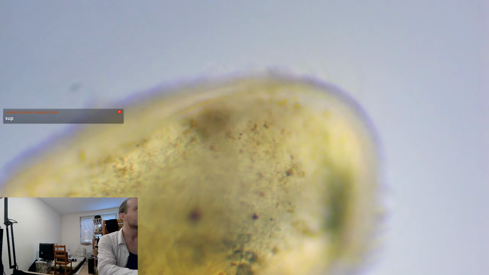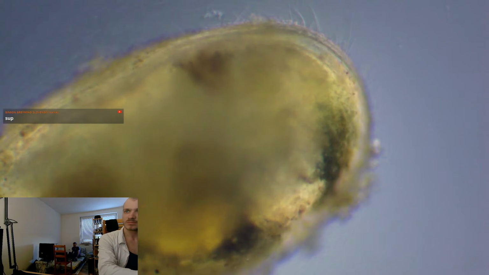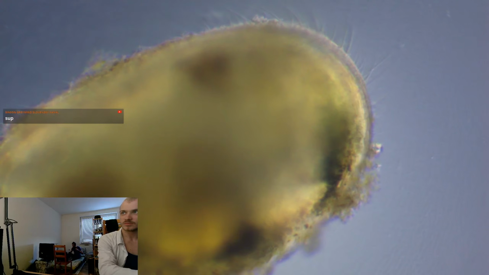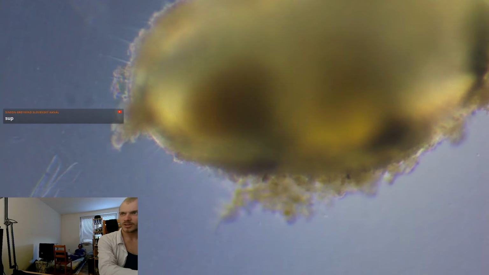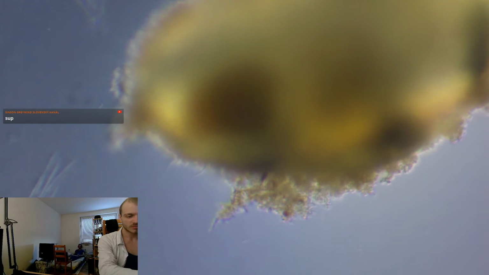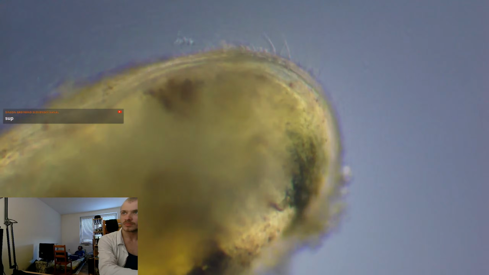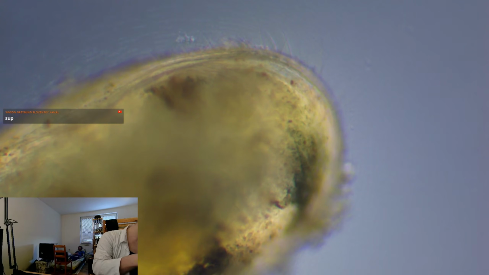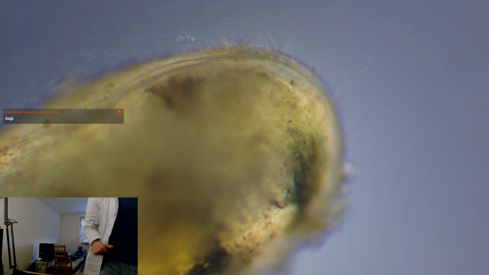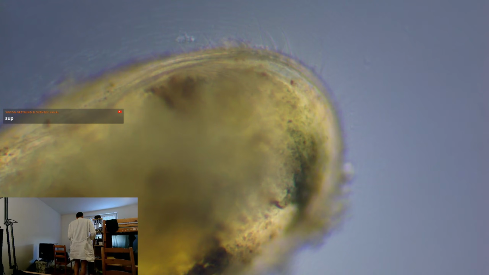Can I turn this off? Yes. Now it does not have any water for moving, so I'm going to get it some water.